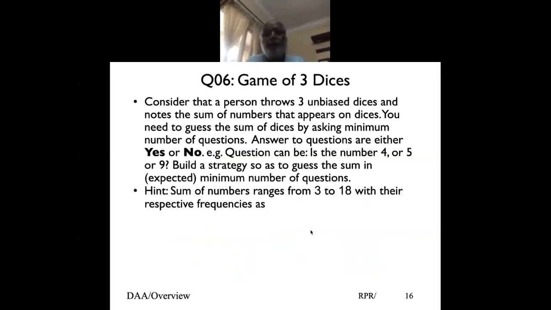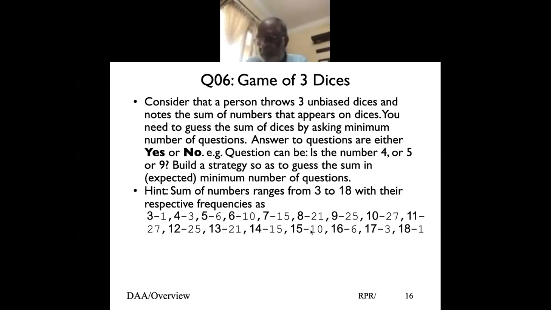Next is the game of 3 dice. Basically, let's say you're playing a game. You throw the 3 dice, compute the sum that appears, and your job is to make a guess. We know that if you throw 3 dice, the frequency of each number appearing is like this.